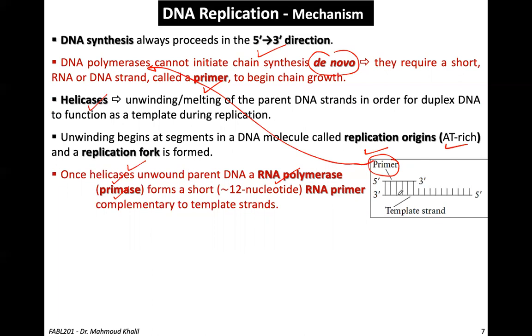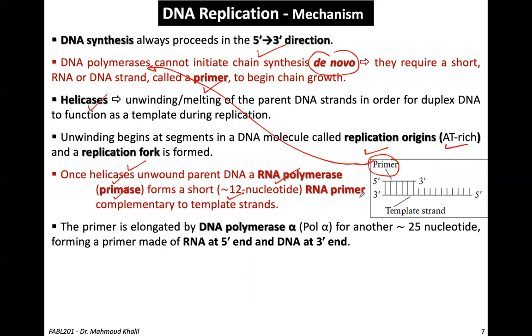From here, you start to do synthesis of DNA, because DNA polymerase cannot initiate this synthesis de novo. It cannot sense where to start replication. It needs the primer to guide it to the start point, or the replication origin, to start synthesis of DNA. And this primer is around 12 nucleotides in length.